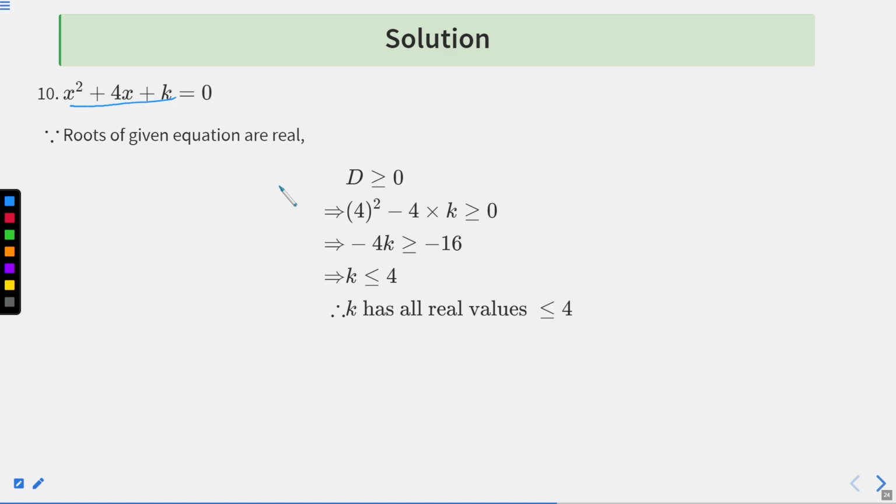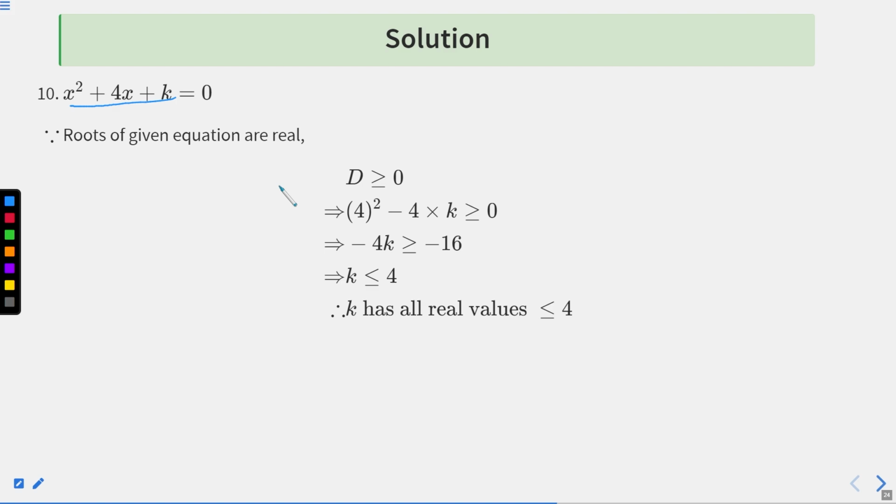Since roots of the given equation are real, and we know for a quadratic equation ax square plus bx plus c is equal to 0, it has two distinct real roots if the discriminant b square minus 4ac is strictly greater than 0. And it has two real equal roots if the discriminant b square minus 4ac is equal to 0.